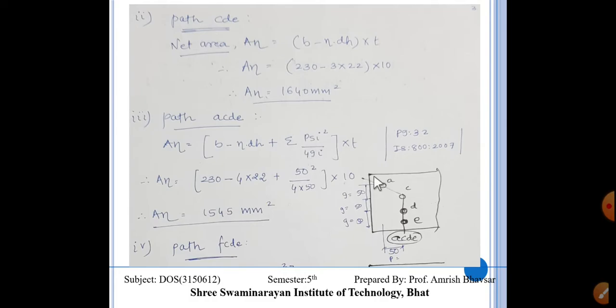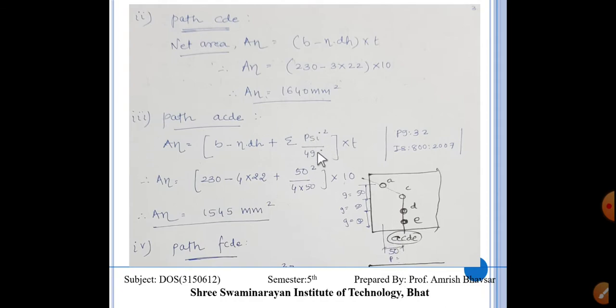Now, the most important thing, that is the path is zigzag. Here we are taking the path ACDE, something like this. In that case, 4 bolts are there and one zigzag with pitch distance of 50.